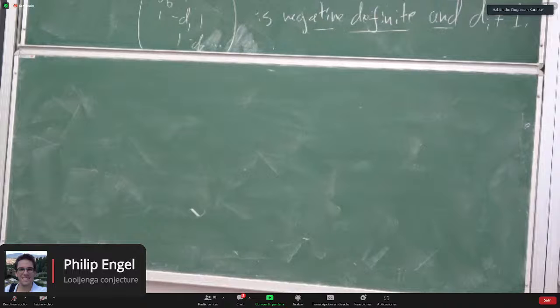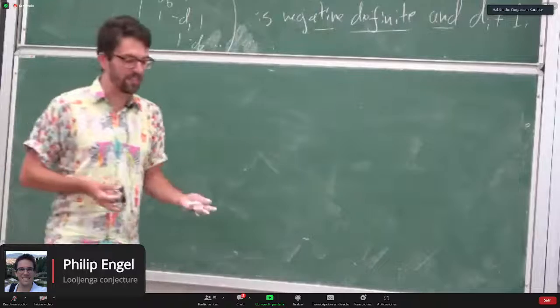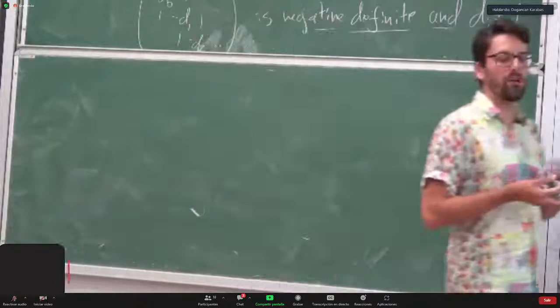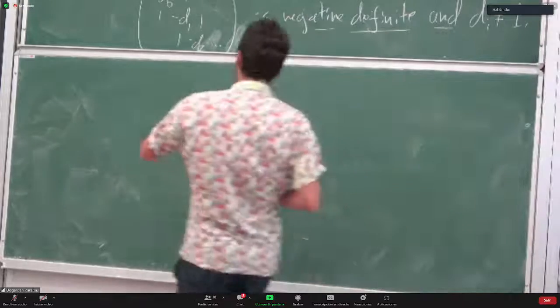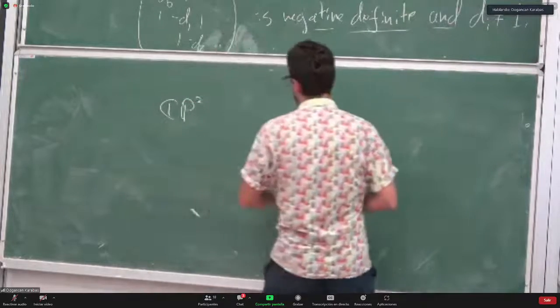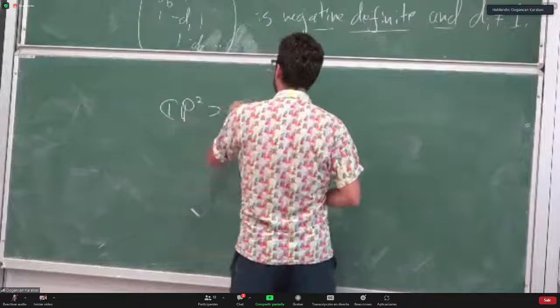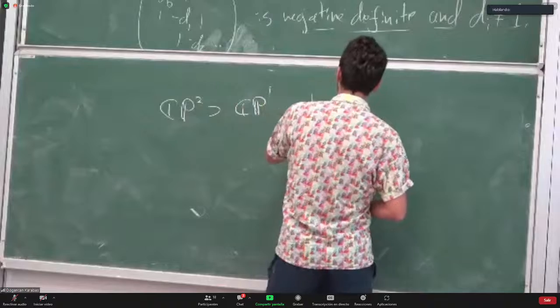I can perturb it to intersect once and sometimes twice? No, that's the amazing thing, you can't. No matter how you perturb it, if you count the number of intersections with sign, it's always the same number. So here's an example. Let's take CP2, right? So complex projective plane, and inside it, we can take a line, CP1, a line.